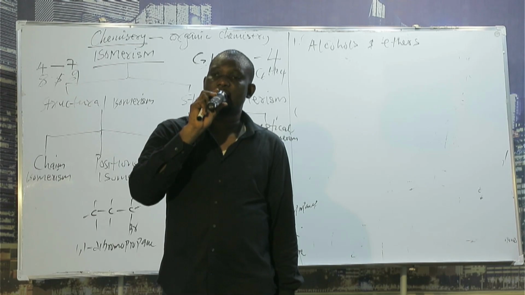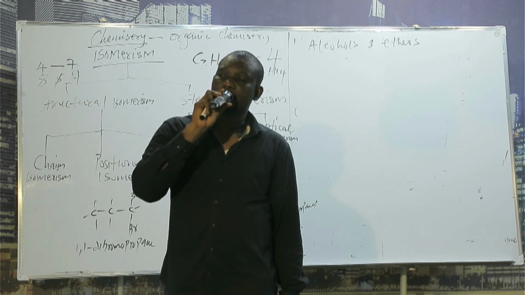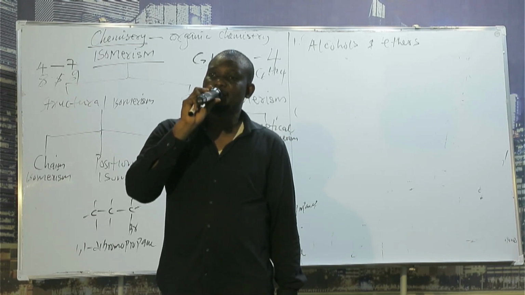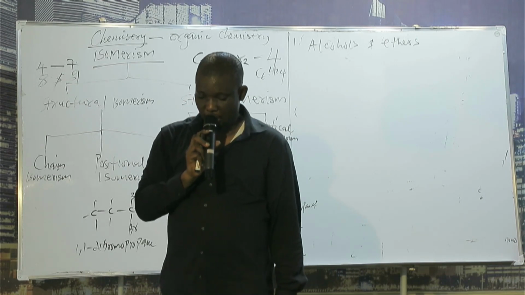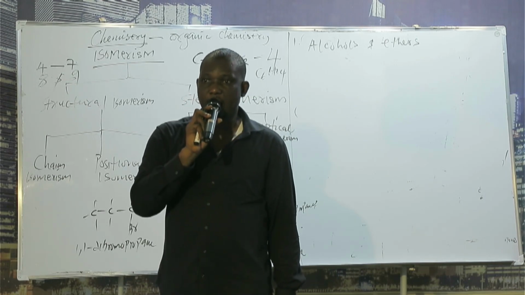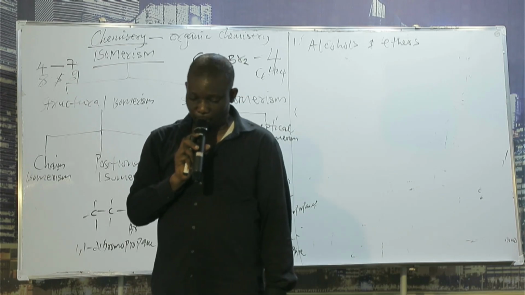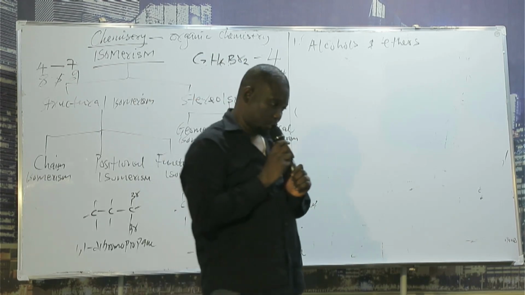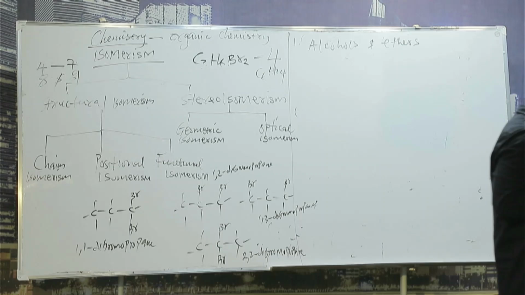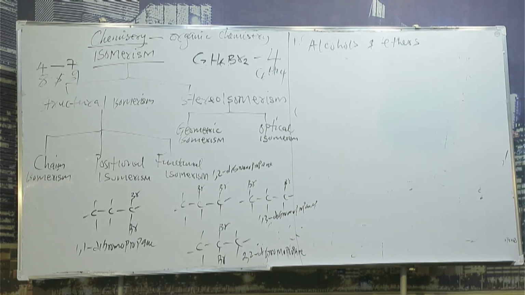Ethanol or ethyl alcohol and dimethyl ether are what? Functional group isomers. Well, let's draw the two structures to see why they are isomers and what makes them functional group isomers.